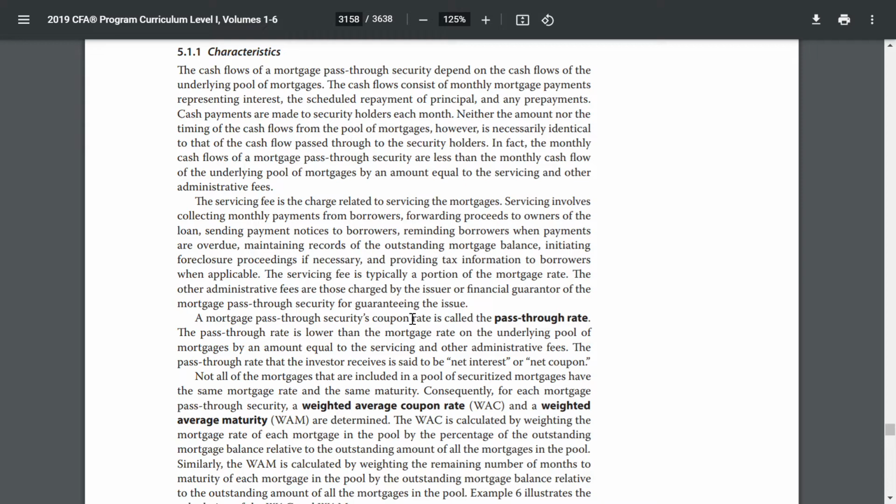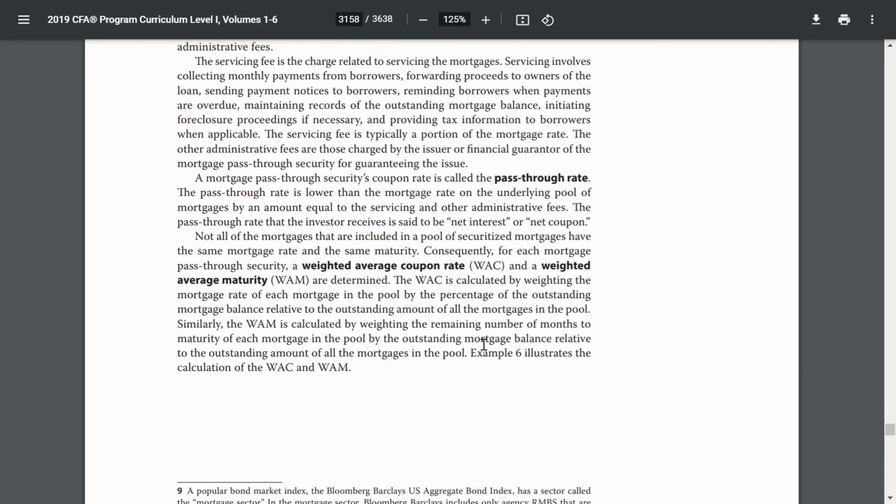The servicing fee is typically a portion of the mortgage rate. The other administrative fees are those charged by the issuer or financial guarantor of the mortgage pass-through security for the guaranteeing of the issue.